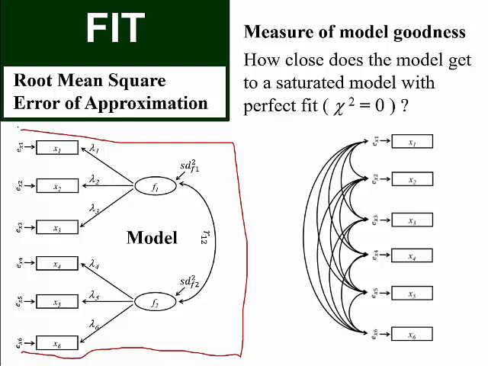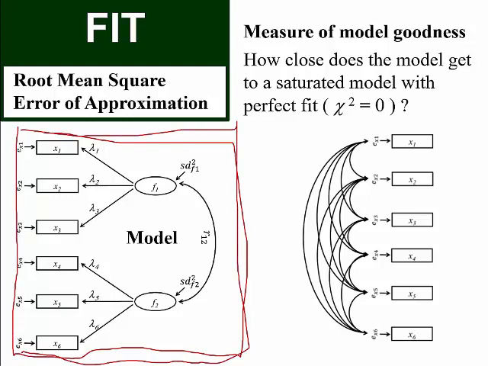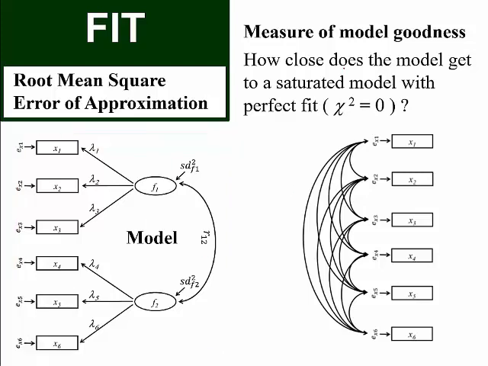So I'm going to take my model that we specified here, and we can see how well our model fits, like what type of chi-square we get for this model, and then we're going to compare that with a completely saturated model that will have 0 degrees of freedom. In this case, our chi-square is going to be 0, because if we have perfect fit, then your chi-square value will be 0.